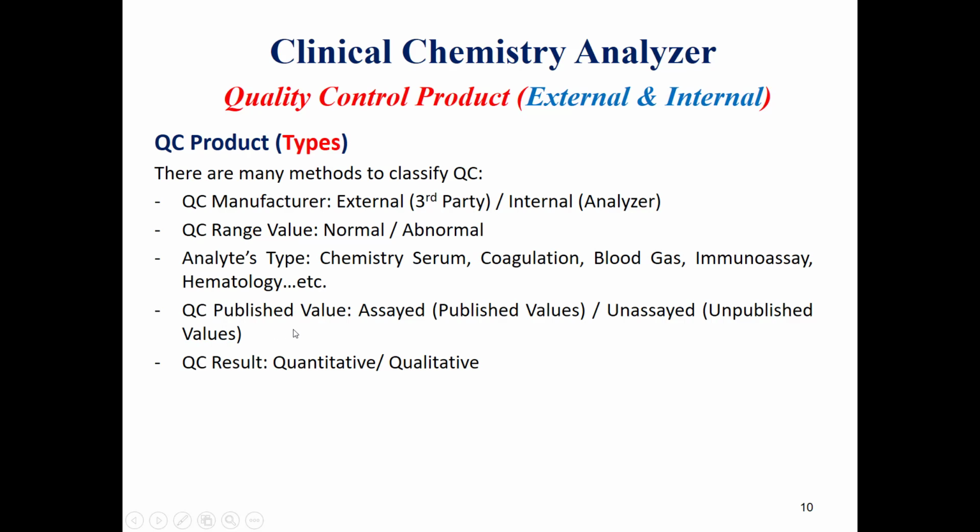Also, another scheme of classification is the quality control published value, if it's assayed or unassayed. And finally, a classification could be done based on the quality control results, if it's quantitative or semi-quantitative or qualitative.